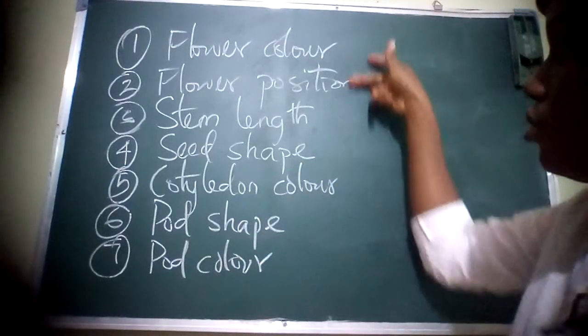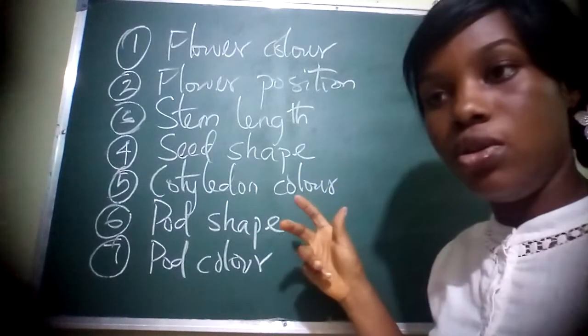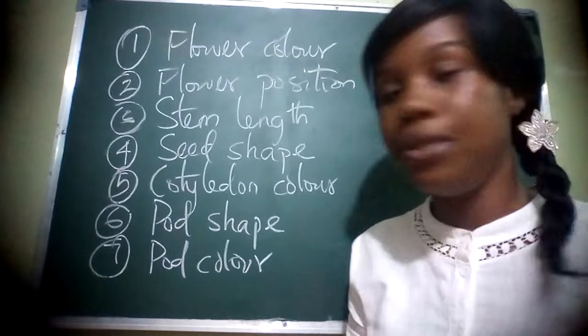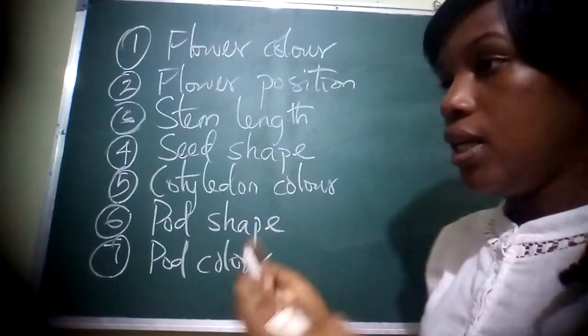So these were the 7 contrasting characters he discovered in the garden pea.